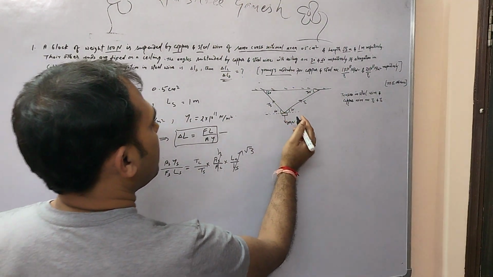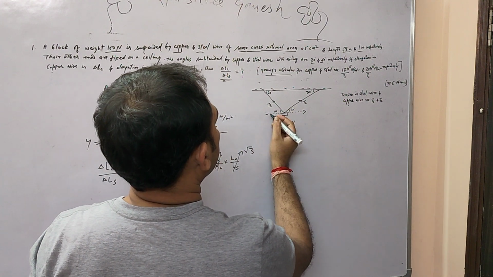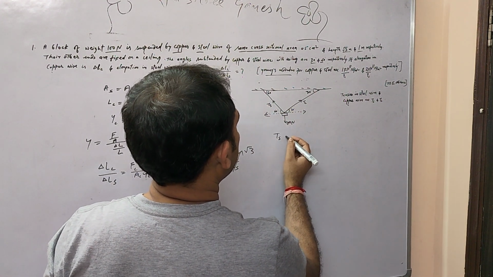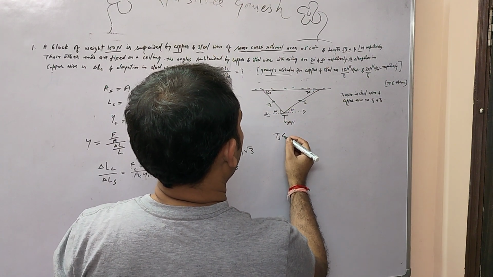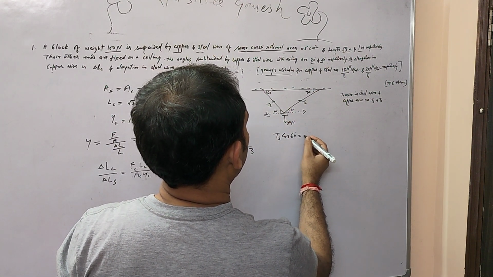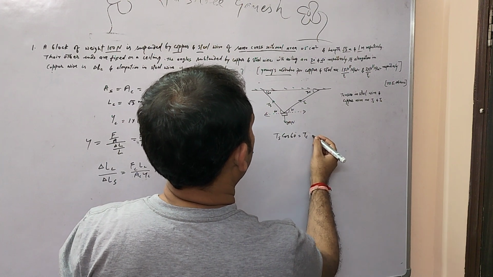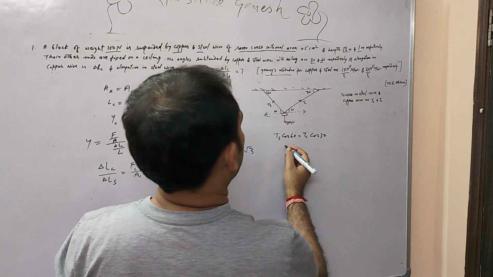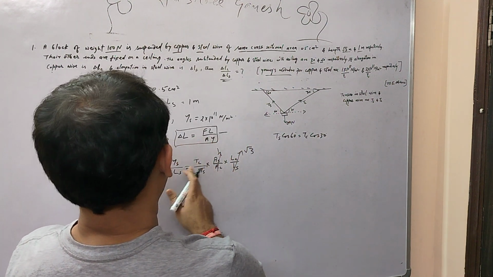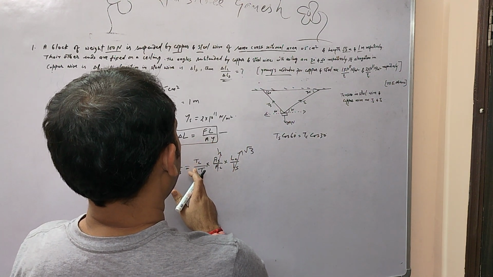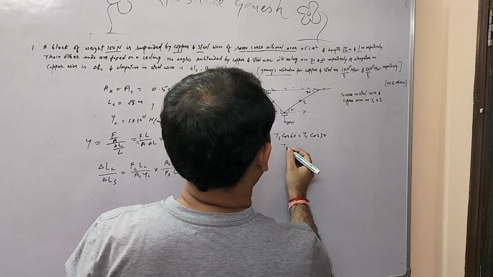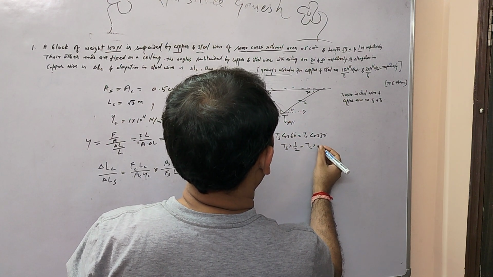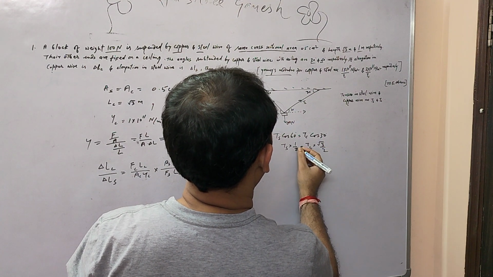So from here, in X direction, TS cos 60 will be equal to TC cos 30. So we have to find TC upon TS. This TS will be 1 by 2, TC root 3 by 2.